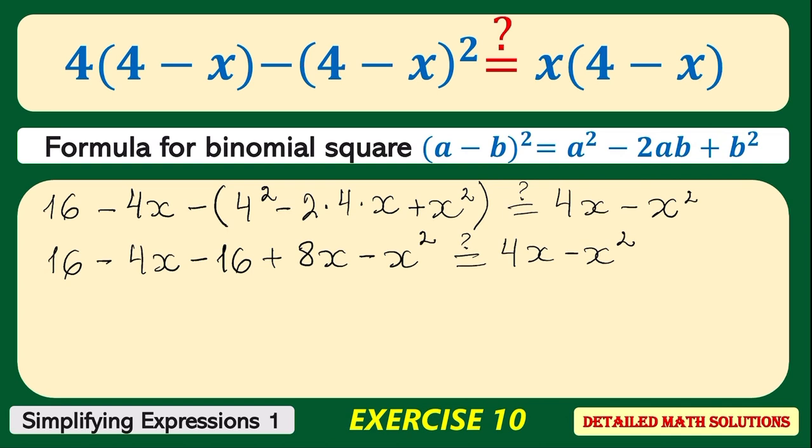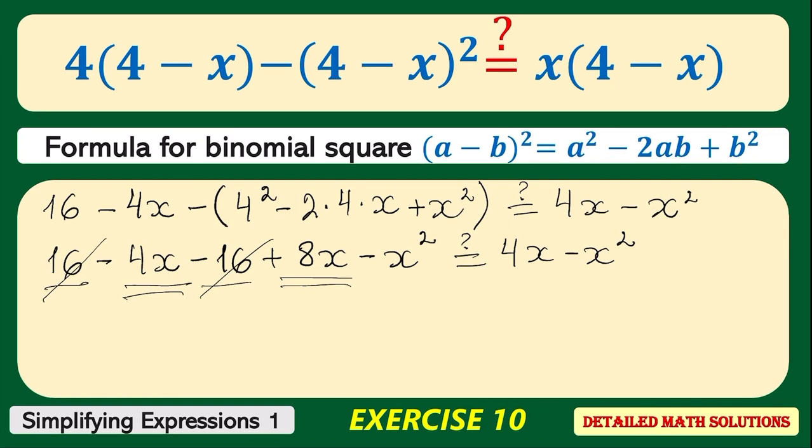As a next step, I need to add all like terms. Like terms are 16 and negative 16, negative 4x, and 8x. When I add each pair of these like terms, I get 16 minus 16 equals 0, or these cancel out.